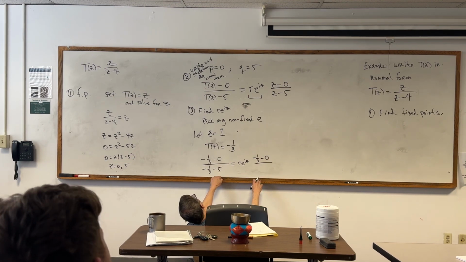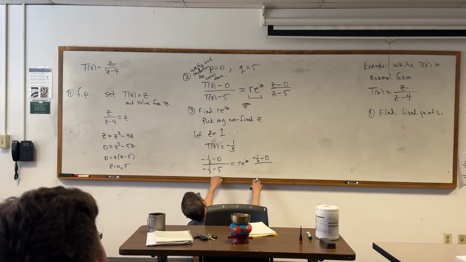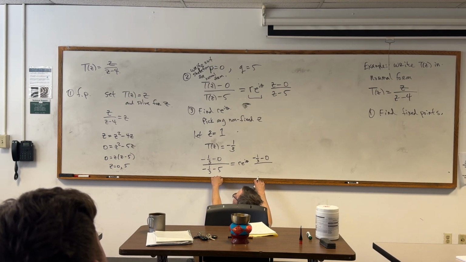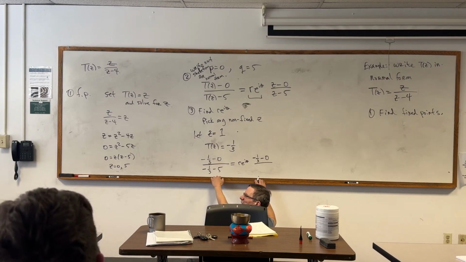Kind of wishing I'd picked a number that didn't give me a fraction like this, but I don't even know if that's possible. I feel like z equals 6 would have been a good one.